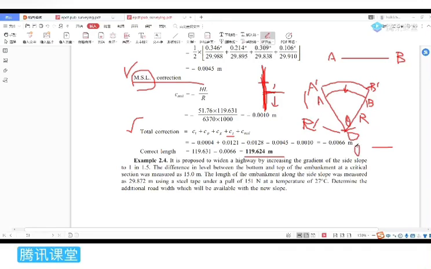Suppose this is called theta, and theta is measured by AB divided by R. AB is the distance.